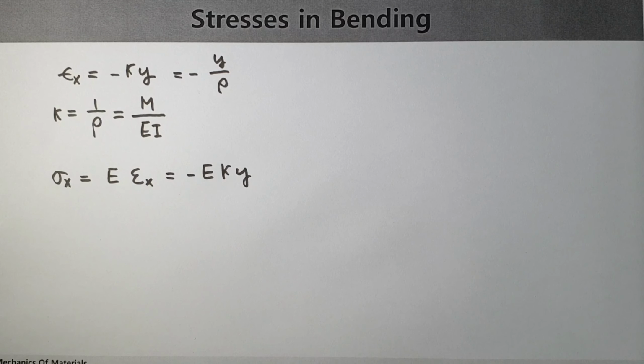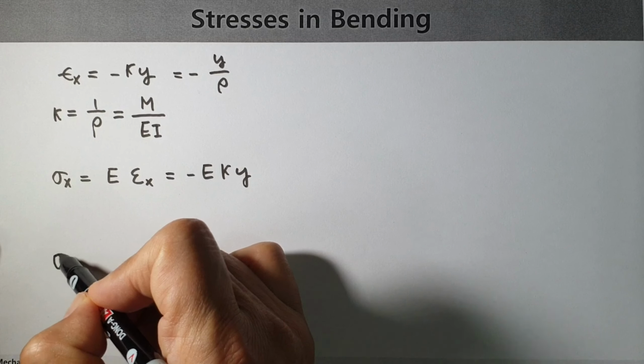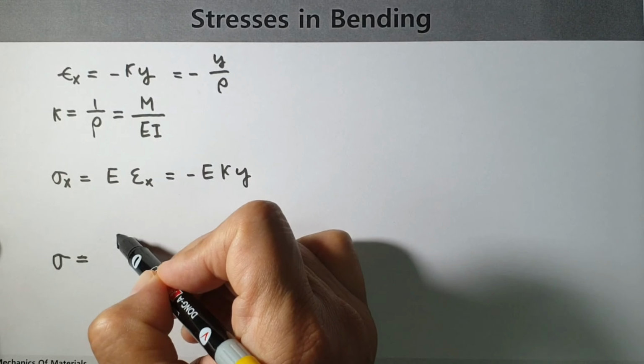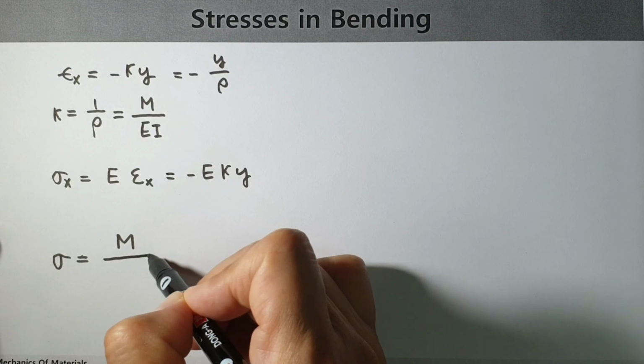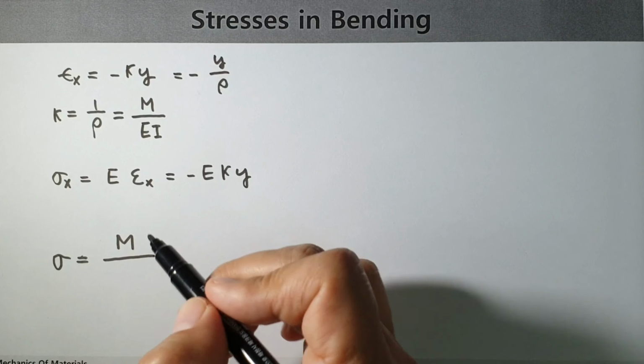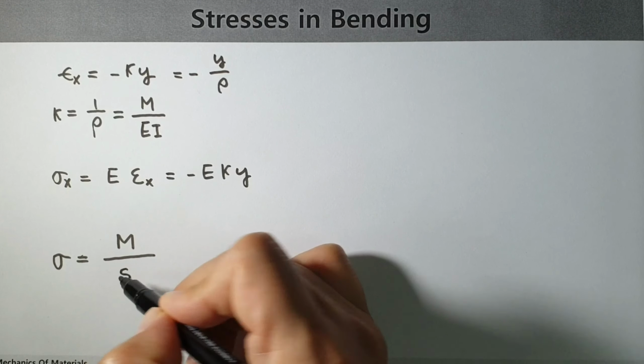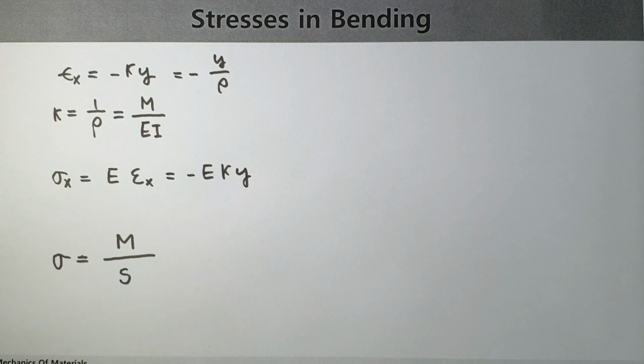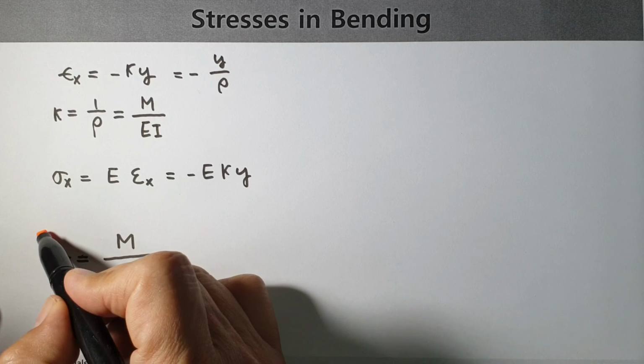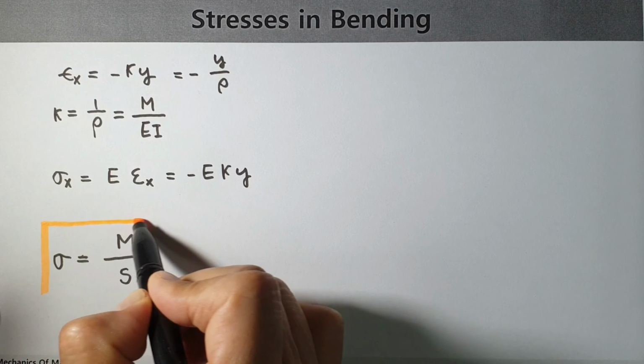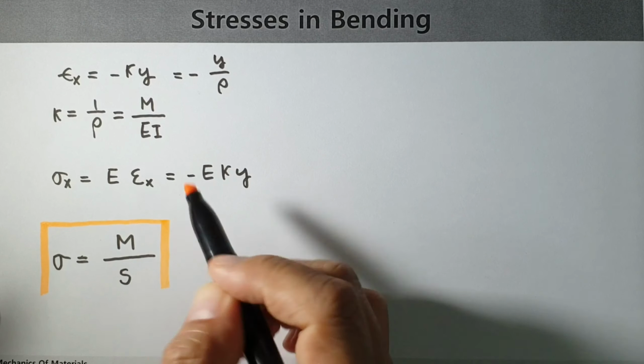Or finally, frequently we use the relationship sigma equals stress. This kind of stress is defined by moment divided by section modulus S. Actually, this formula is frequently used for finding stresses inside a beam.